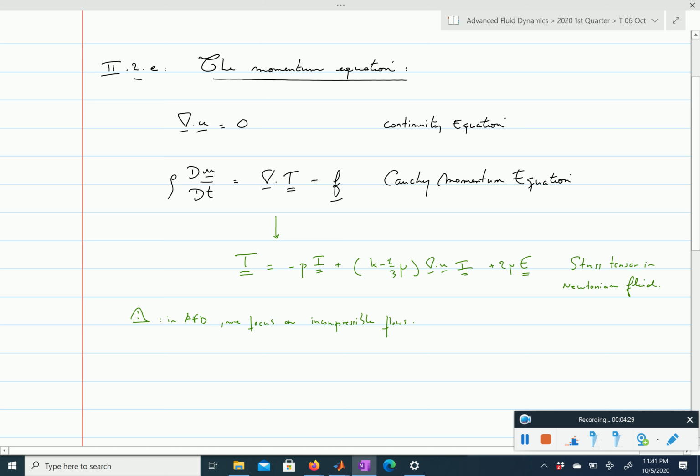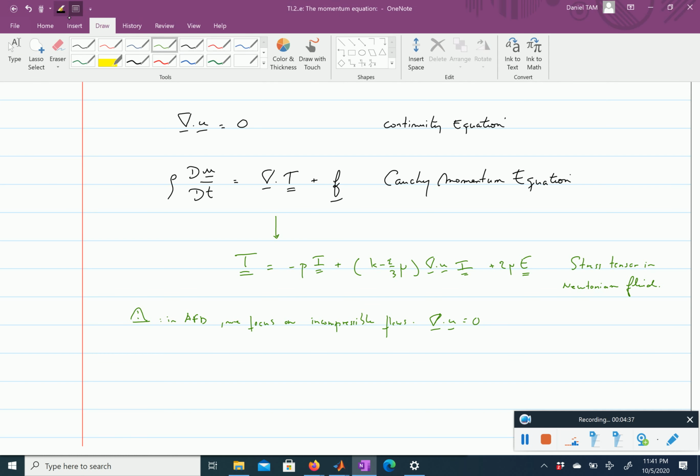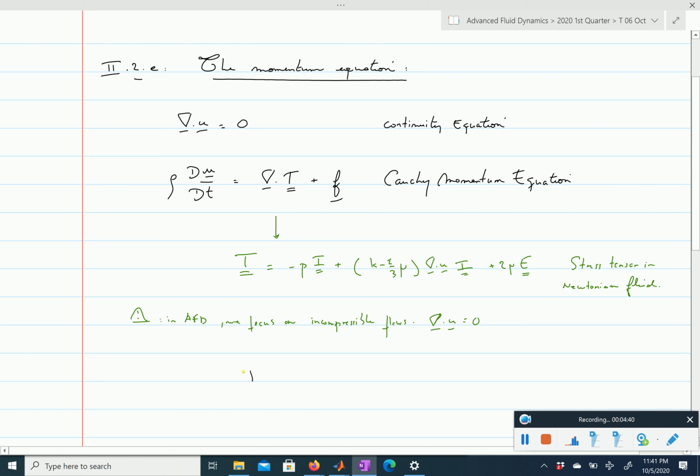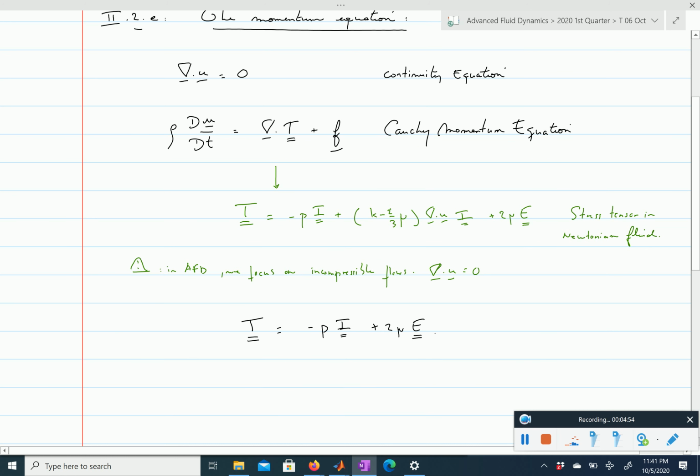So in IFD, we focus on incompressible flows for which the divergence of u is equal to 0, and therefore, for the remainder of this class, we can always write our stress tensor as minus a pressure times the identity plus 2 mu times the rate of strain tensor. This is the form of the stress tensor that we will always use in this class, okay?